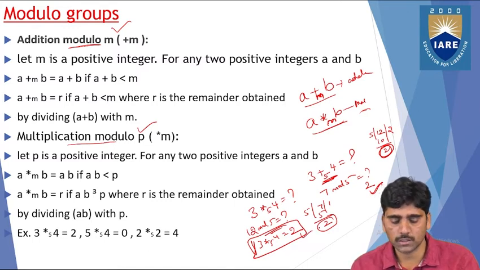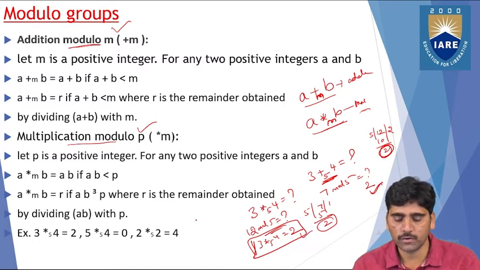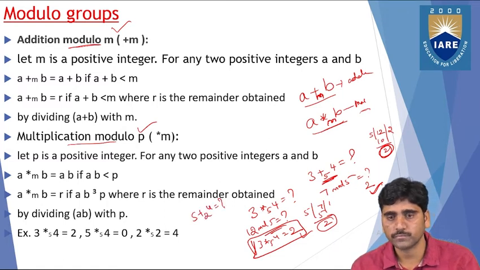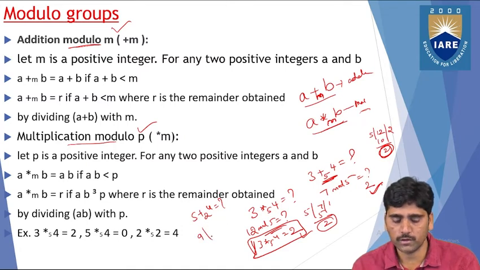Let us check. What is 5 plus 4 with modulo 2? 5 plus 4 is 9. If you divide 9 by 2, 2 fours are 8 and 9 minus 8 is 1. So 5 plus 4 modulo 2 equals 1.